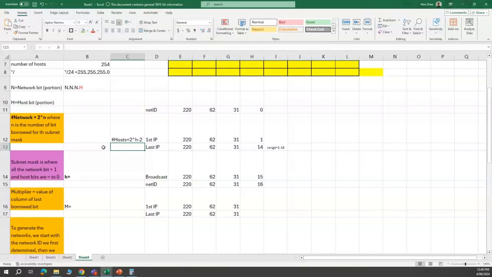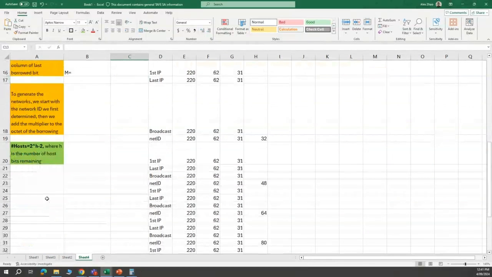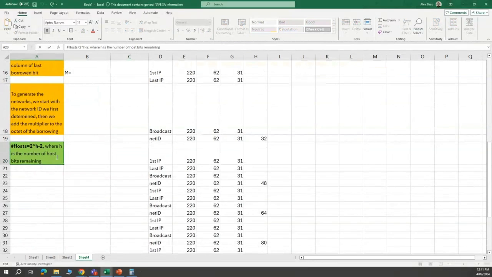That could be a little bit confusing if you don't know what I mean. Okay, 2 to the power h, then minus 2, if you want me to be more correct, like that. Do you get what I'm saying? All right, cool. Because if someone just looked at that, they would probably be thinking, what is he talking about? So that's more correct, 2 to the power of h, minus 2. All right, so I might just quickly go here and change this one too.